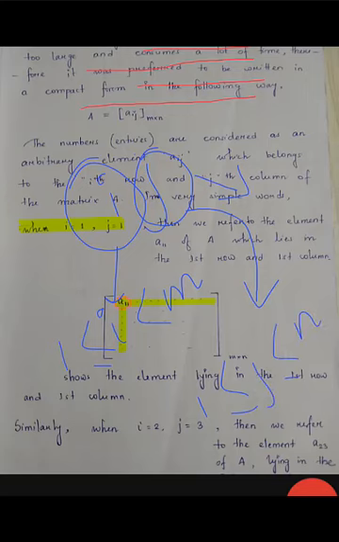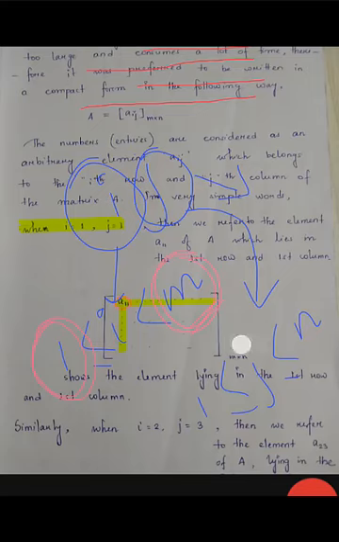Why so? Because the position of the rows can only be within 1 and m, because the number of rows of the matrix is m. Therefore, the first value i represents the position of the row, so it should lie only in between 1 and m.